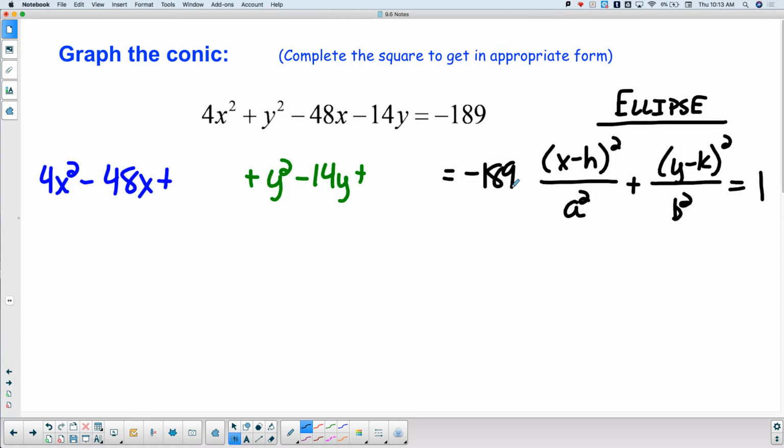Then we said we've got to factor out the 4 because we want the coefficients on our squared terms to be 1 in order to do these wonderful, quick and easy completing the square steps.